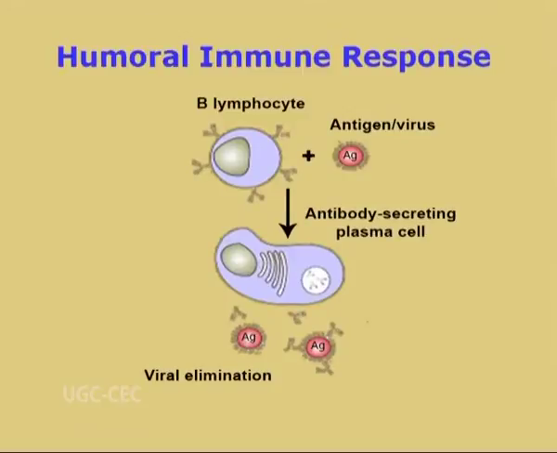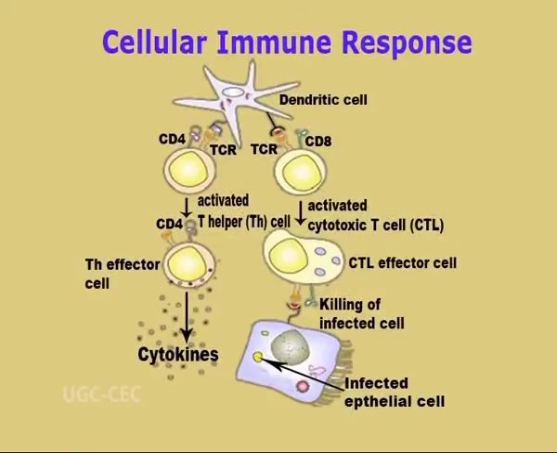In the humoral response, B cells interact with antigen and then differentiate into antibody secreting plasma cells. The secreted antibody binds to the antigen and facilitates its clearance from the body. In the cell mediated response, various subpopulations of T cells recognize antigen presented on self cells.